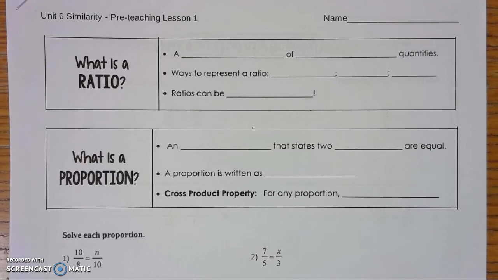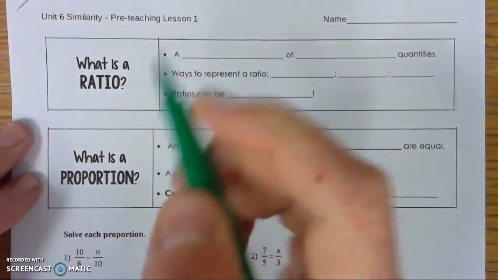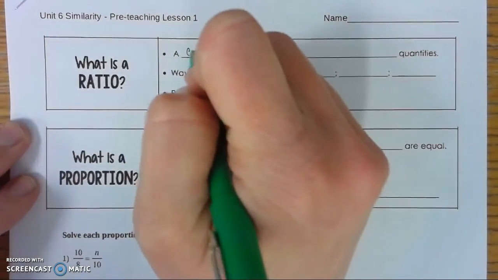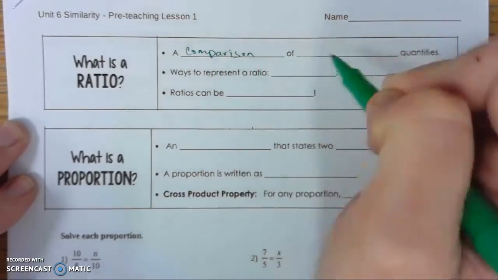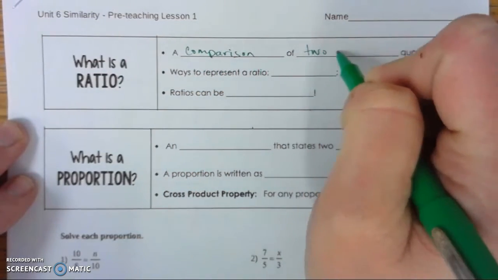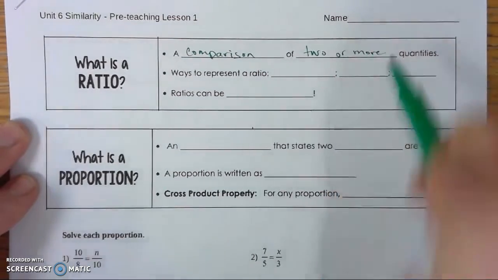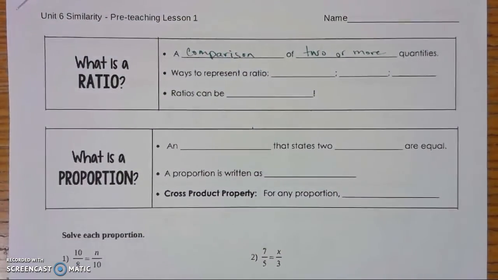Okay, so let's talk about what a ratio is. A ratio is a comparison between two or more quantities. And there's three ways to write a ratio.